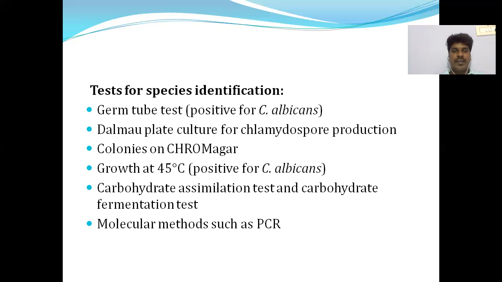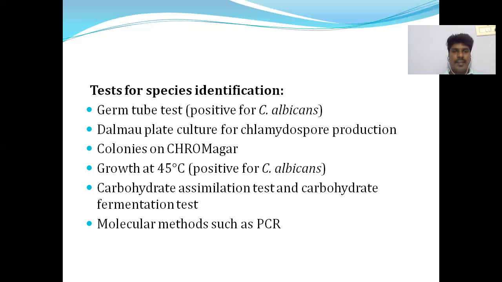Next one is Candida albicans is positive for growth at 45 degrees Celsius, while other species may not grow at 45 degrees Celsius. And also several carbohydrate assimilation tests and carbohydrate fermentation tests are there to identify the various species of Candida.